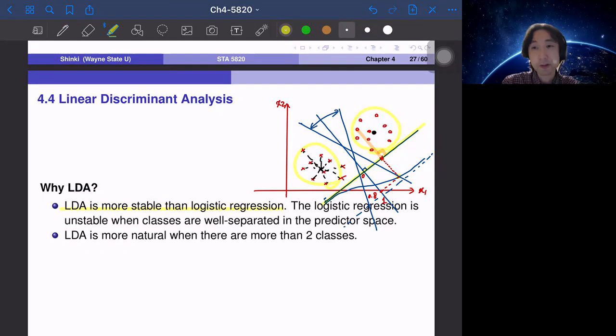In that case the categorization problem should be easier, but actually logistic regression is sometimes unstable because we have infinitely many separating lines. That makes estimation unstable.